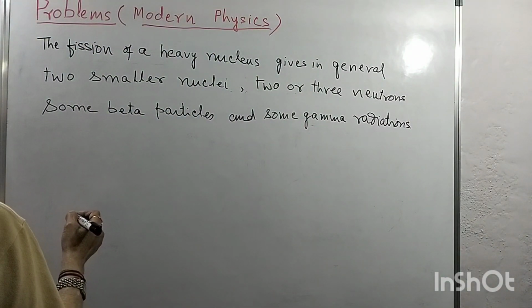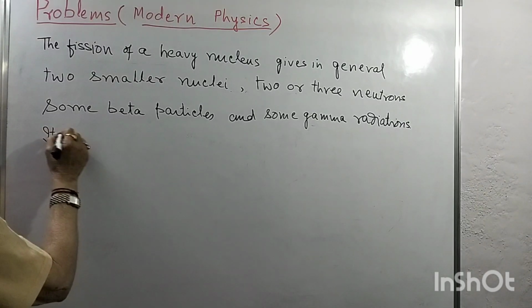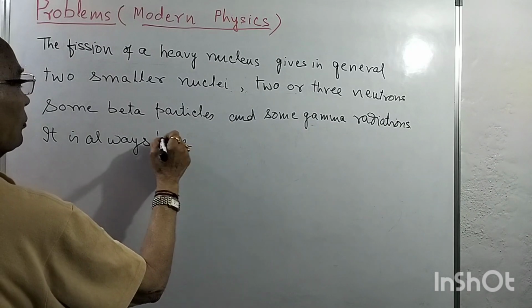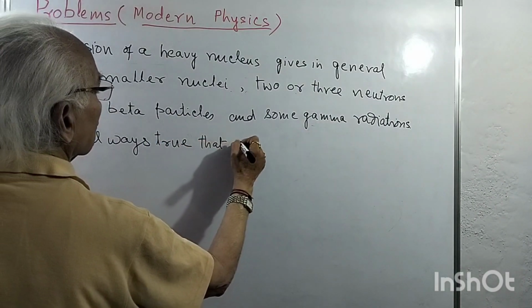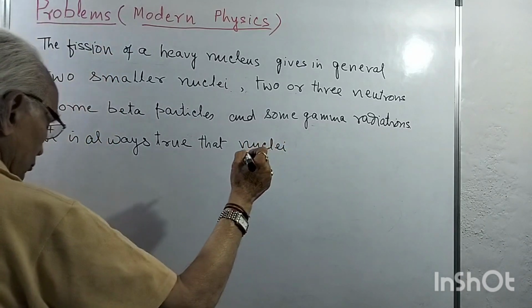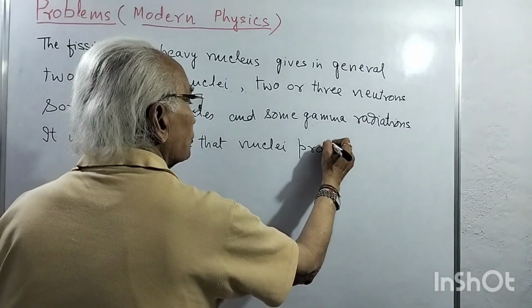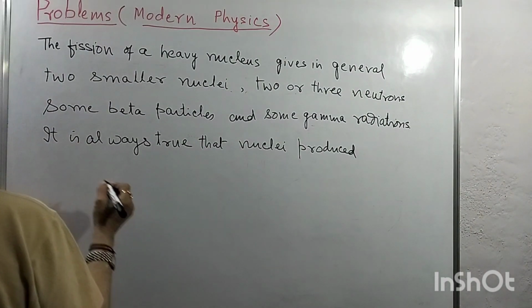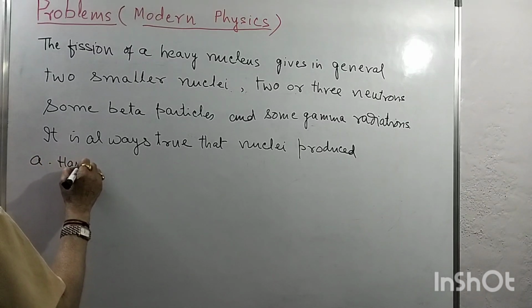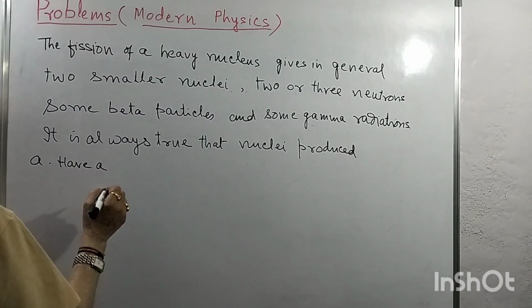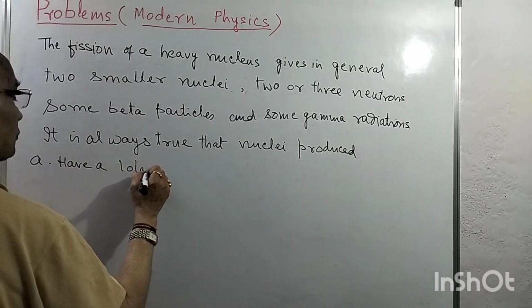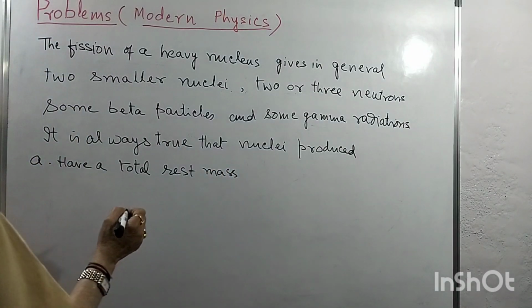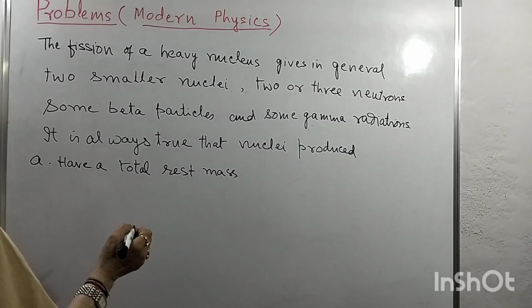It is always true that the nuclei produced: A, have a total rest mass that is greater than that of the original nucleus.